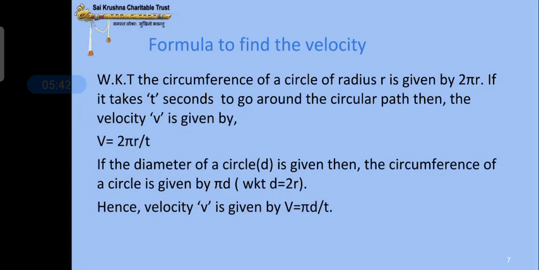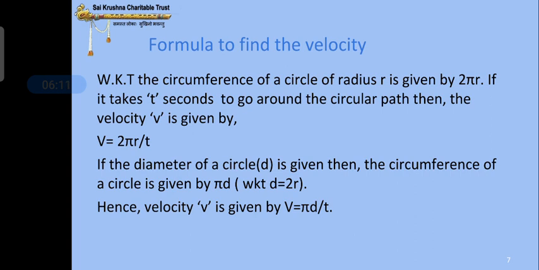Formula to find the velocity. We know that velocity is given by distance divided by time taken. The circumference of a circle is given by 2 pi r. If the time is t seconds, then velocity is given by the distance it travels, which is the circumference, so 2 pi r divided by t.